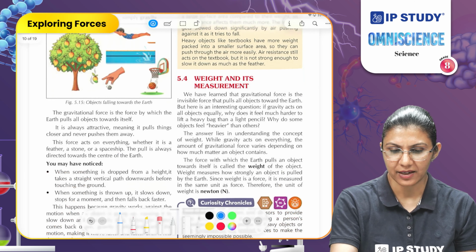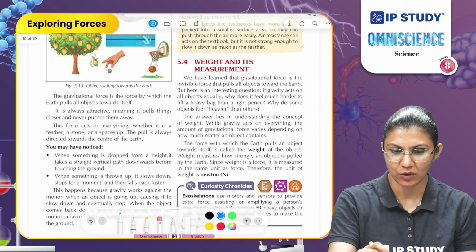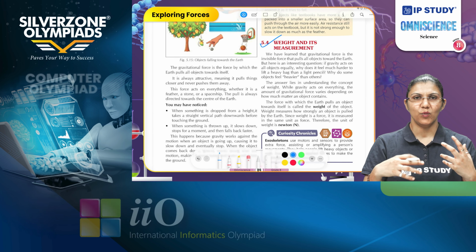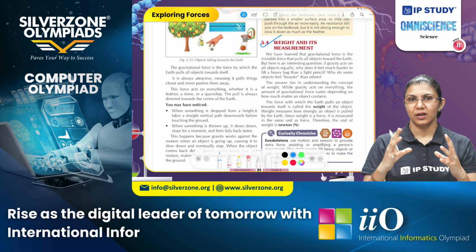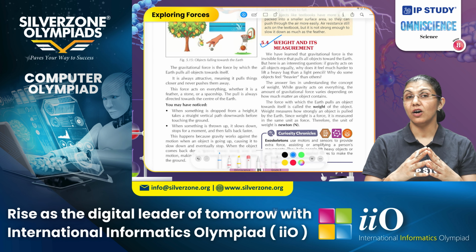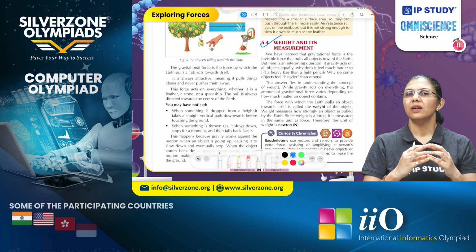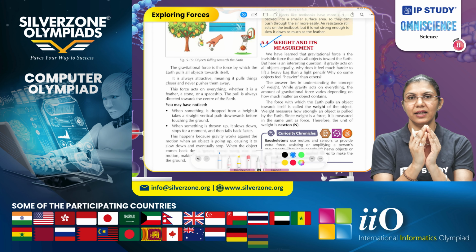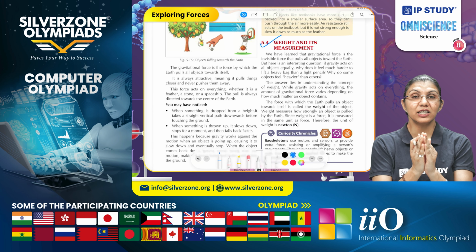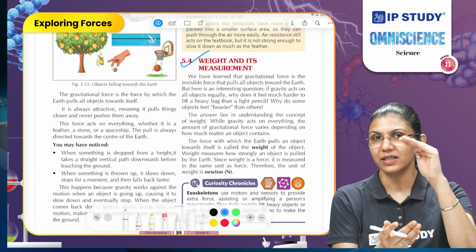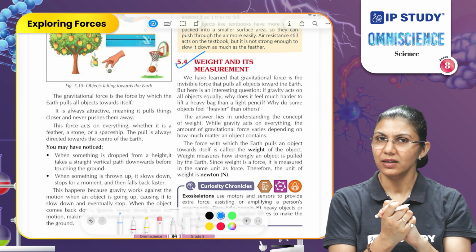What is weight and how do we measure it? So when we say weight, weight is related to the amount of particles of any object which is packed in that object, and they experience the gravitational force. That's why they start falling on the surface.